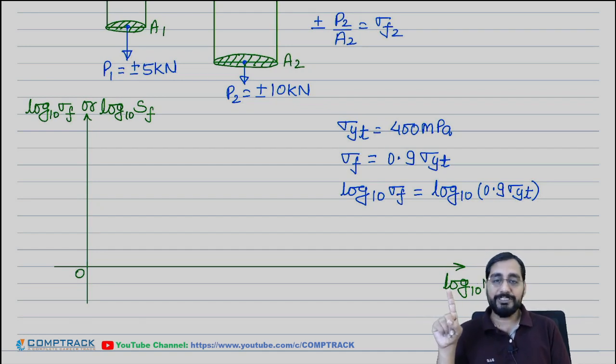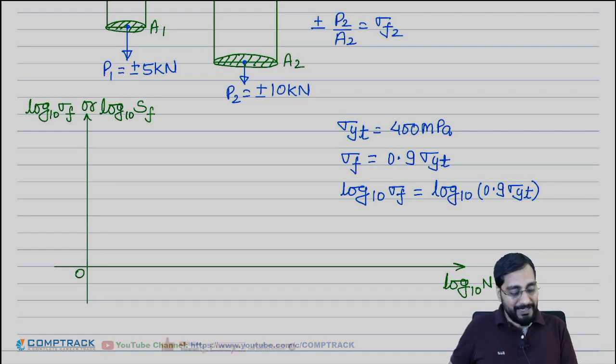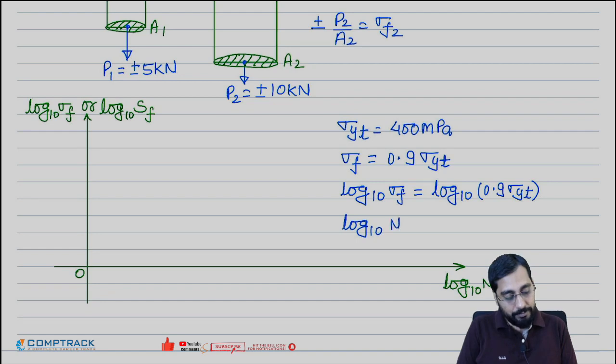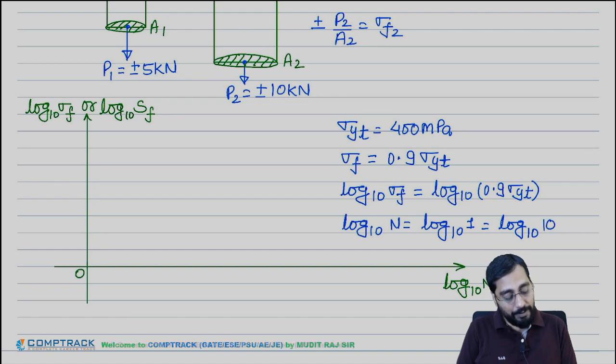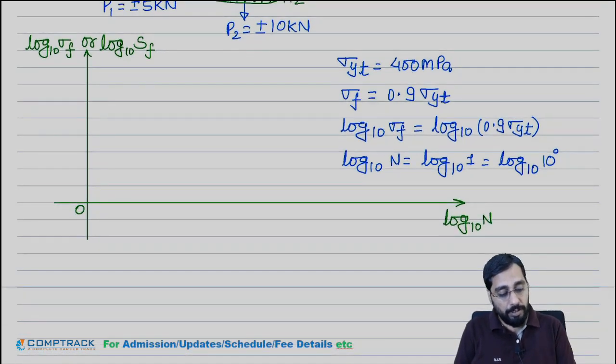So it breaks down just by one cycle. One cycle will be actually equal to what? Log 10 n means log 10 of 1. This I can write like log 10 to the power 0, 10 to the power 0. Okay. So this is now becoming 10 to the power 0, which means here it will be 1.